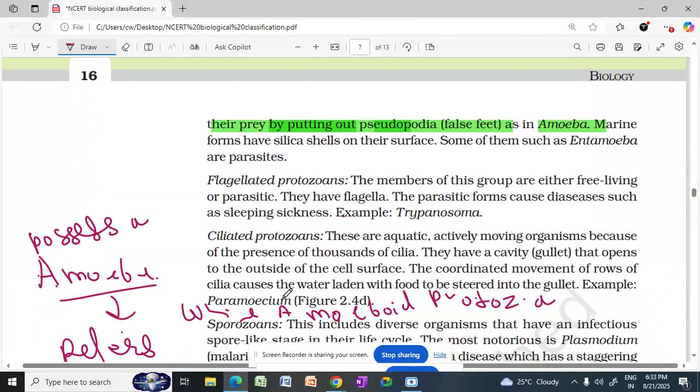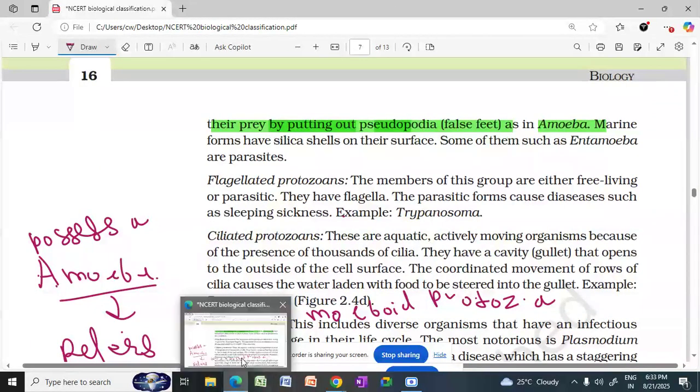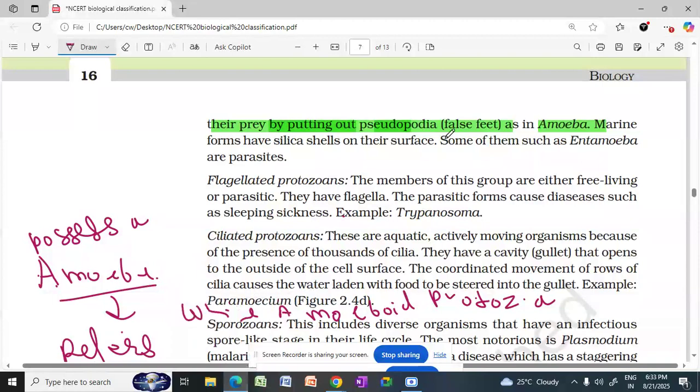The first kingdom was Monera. In the kingdom Monera, which type of organisms are placed? Bacteria are placed there. The second kingdom that we are discussing here is what?